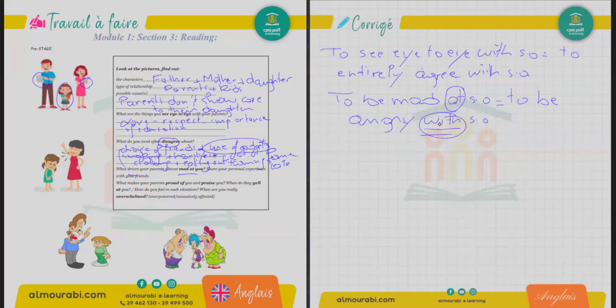And on the opposite side, our parents might be proud of us. They might praise us. They might praise us on certain issues. Now, can you explain to me what is meant by praising somebody? What is to praise us here?